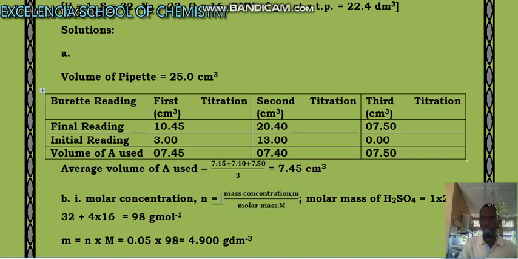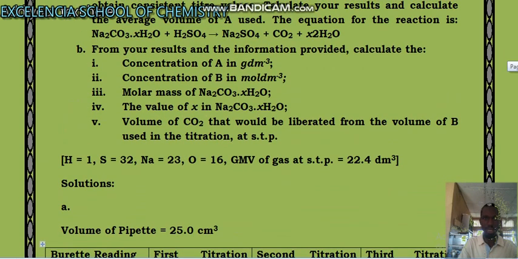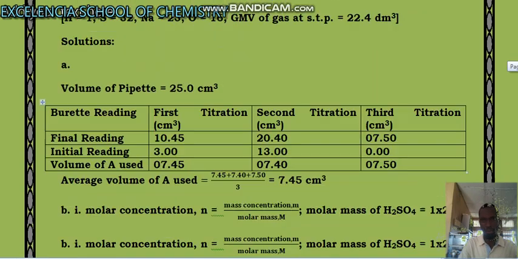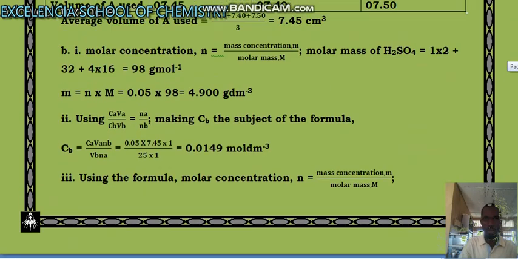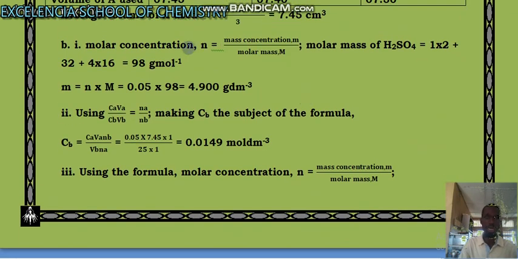And we have the next question in the B portion. B(i) says concentration of A in gram per dm cube. So we use this formula, molar concentration, that's n. Amount is mass over molar mass, and the molar mass of H2SO4 is as calculated here. Please do not just import a value, you must show your calculations.